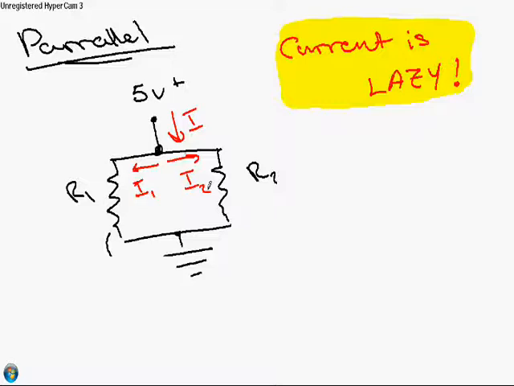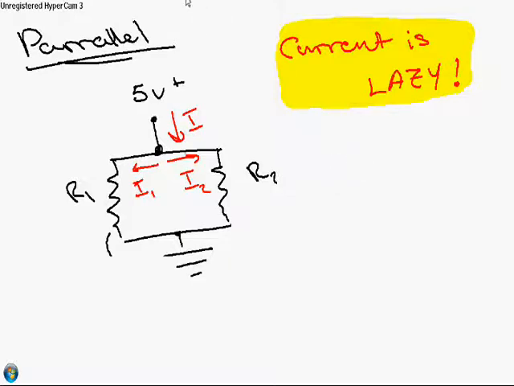If you want to talk about it later, bring it up in the comments. So, remember, current is lazy. So, if R1 is bigger than R2, most of the current is going to go to R2. If R2 is bigger than R1, most of the current's going to go towards R1. And that's what I mean by it's dividing the current.